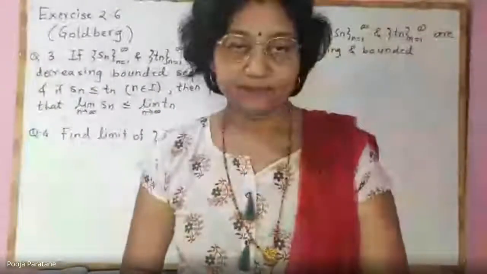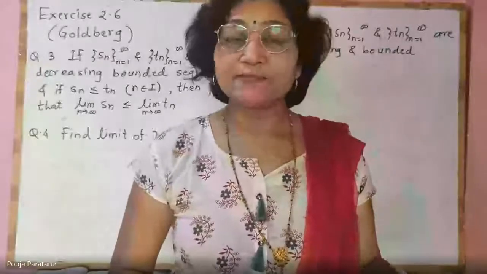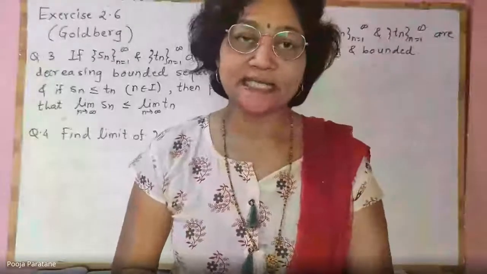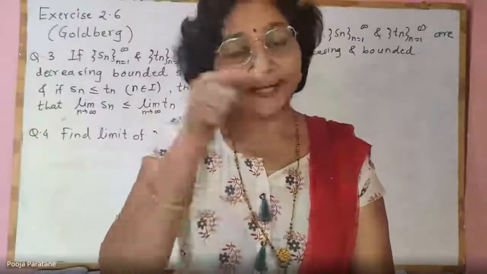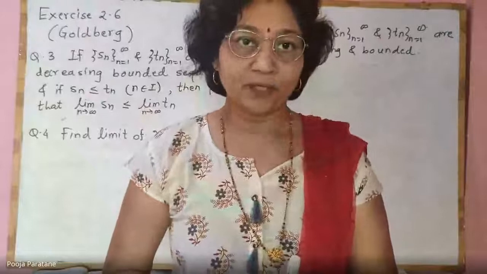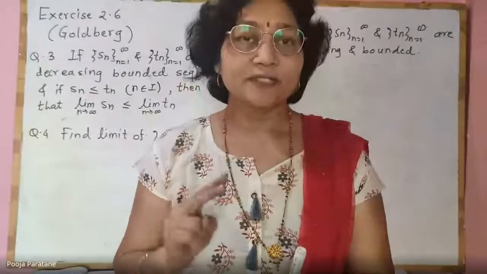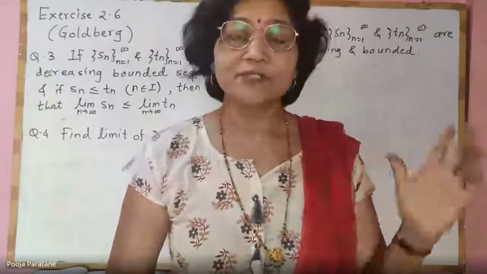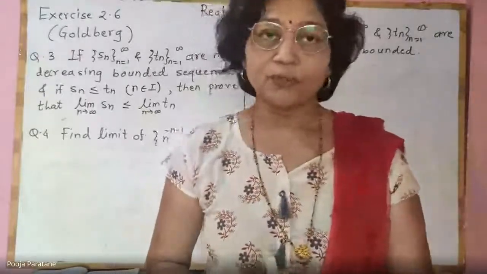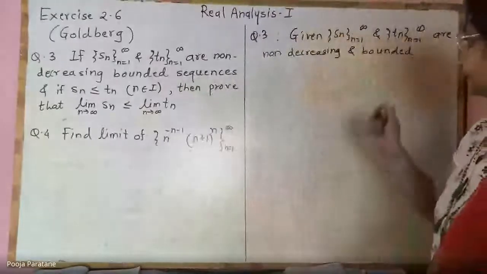Now, as the sequence is non-decreasing, as per the theorem that every non-decreasing sequence which is bounded above is convergent and converges to its least upper bound, we can say that these two sequences Sn and Tn are convergent and both converge to their least upper bounds. So let us write down.